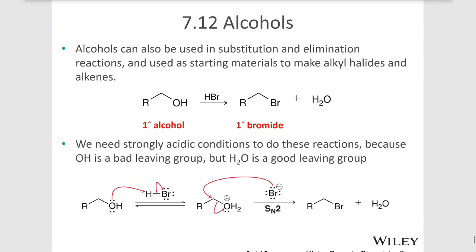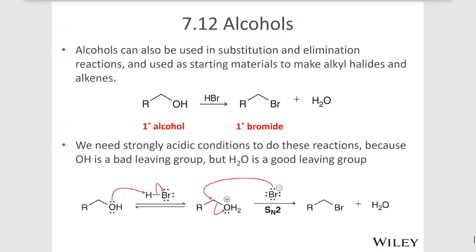So alcohols themselves can also be used to do substitution reactions. In this case, we have an alcohol that can give us, say, an alkyl bromide through a substitution reaction. This is a primary alcohol, and we're going to form the alkyl bromide by an SN2 reaction.